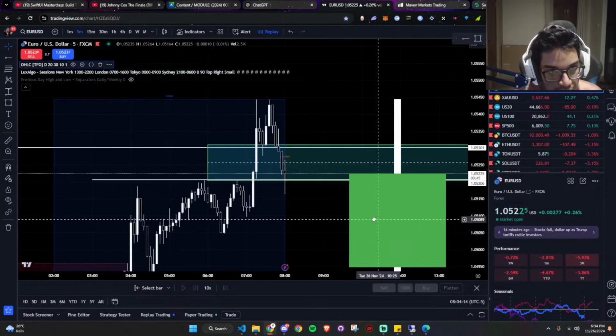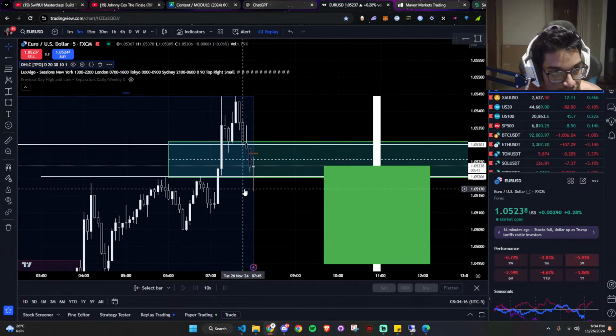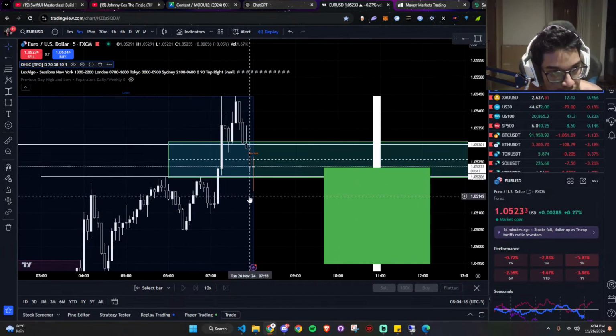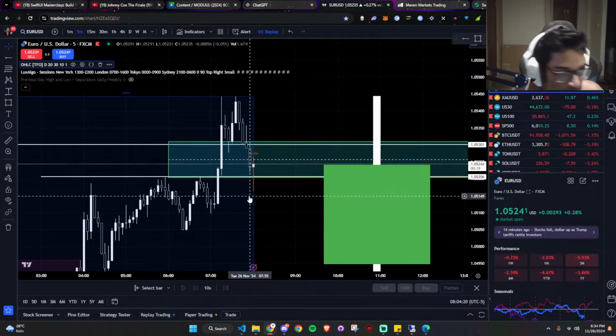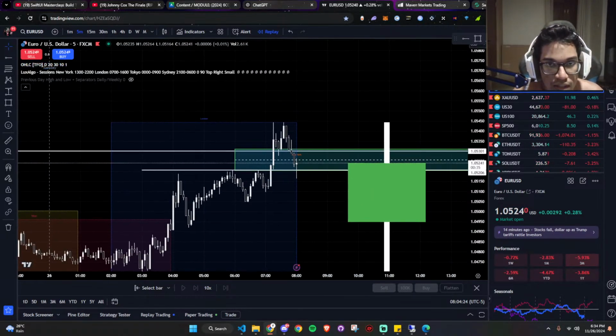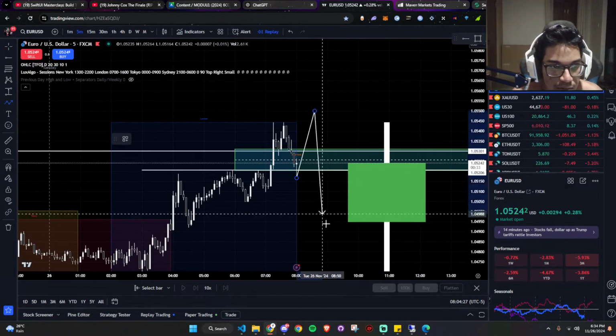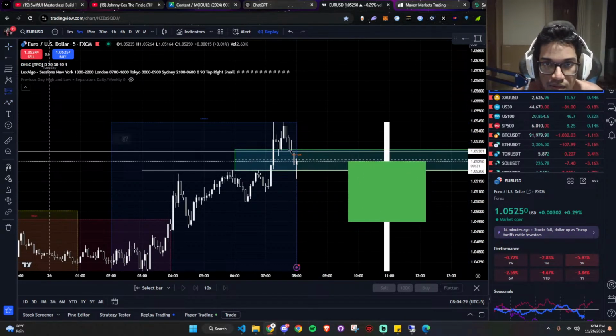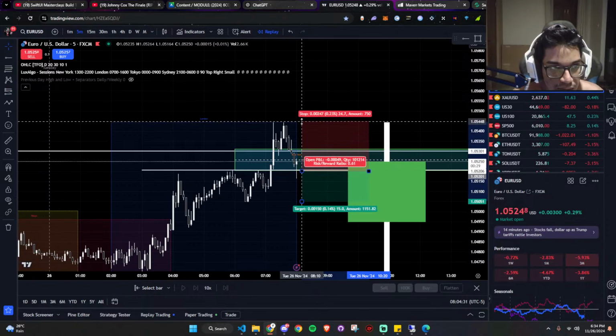Still not closed. Still room for it to close, so if it closes here, then I will take this trade. Otherwise, I'm expecting another level of inducement, and then for this to go. If it closes, then I will take it.